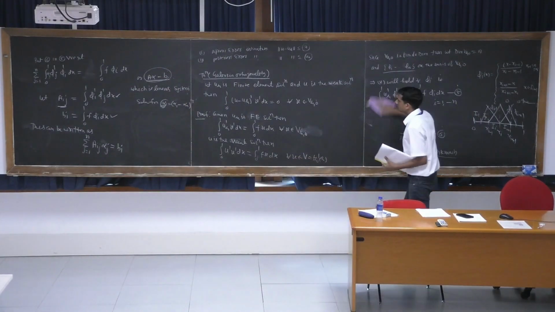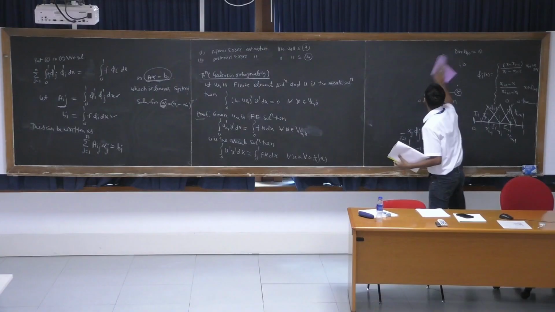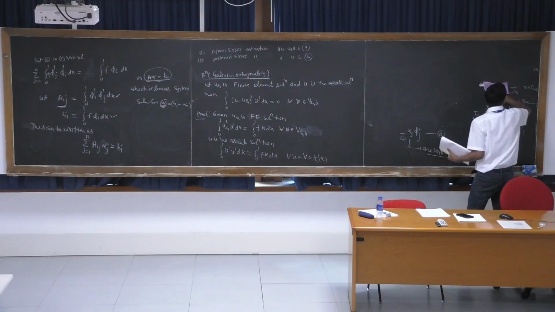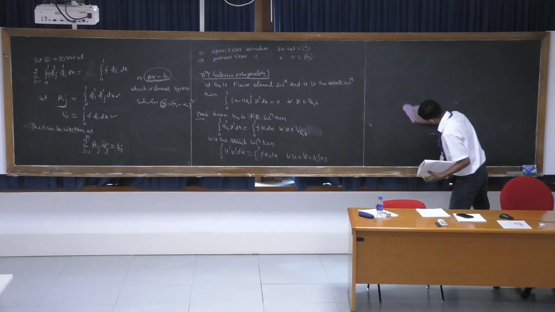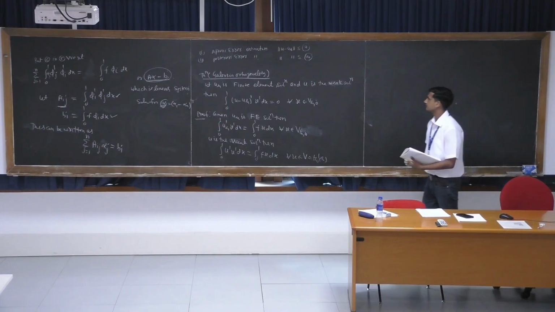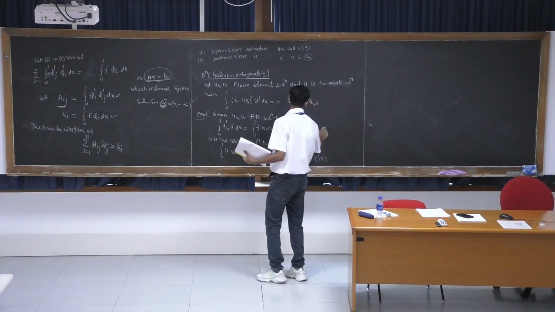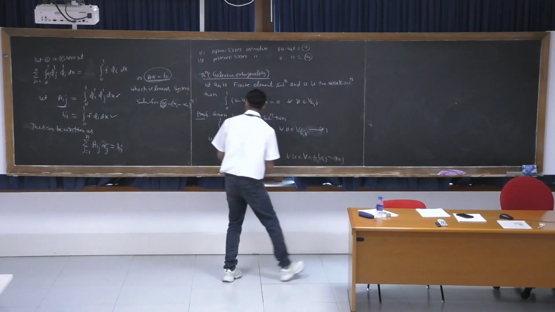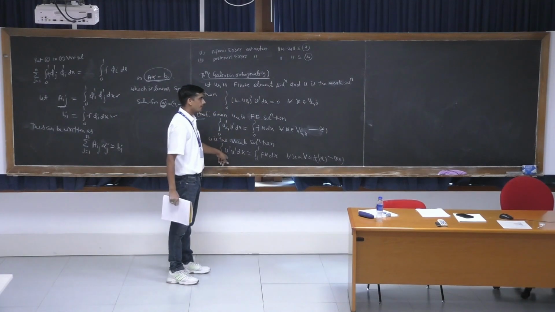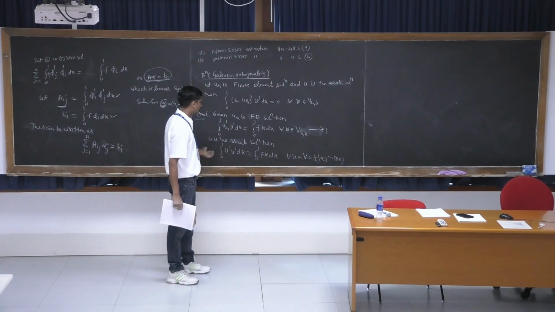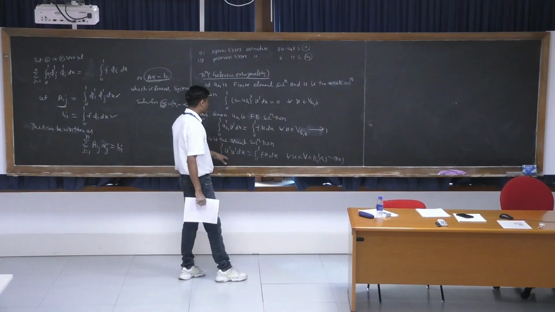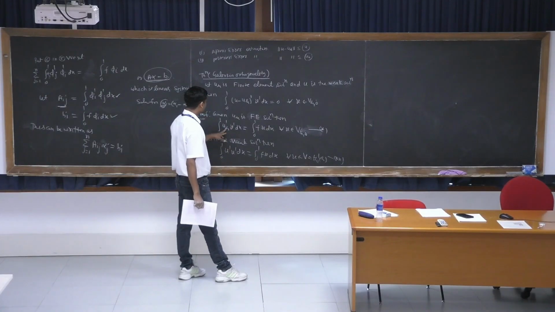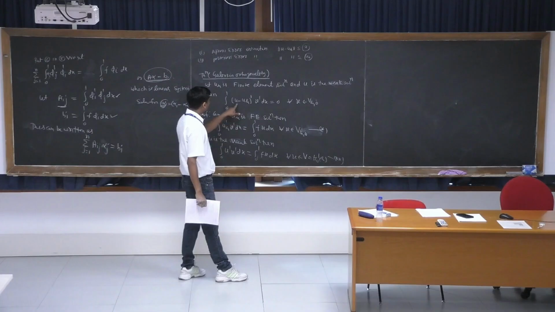Okay, so now subtract both of them, and you will get the Galerkin orthogonality. Just subtract, say this is a star and this is a double star. Subtract star from double star. So this minus this, you will get u minus uh, because v' is common.